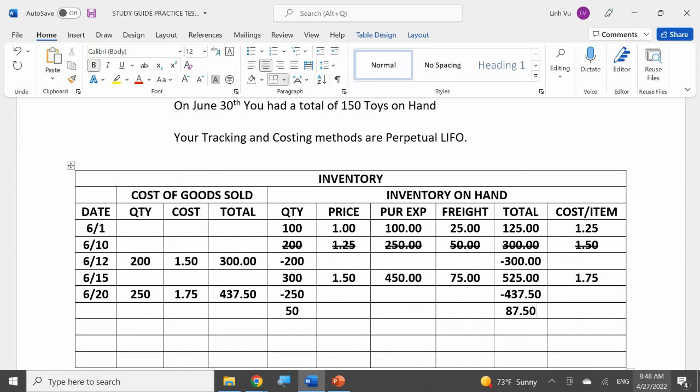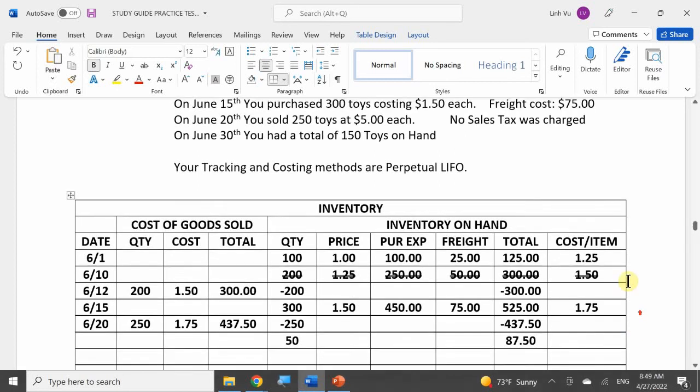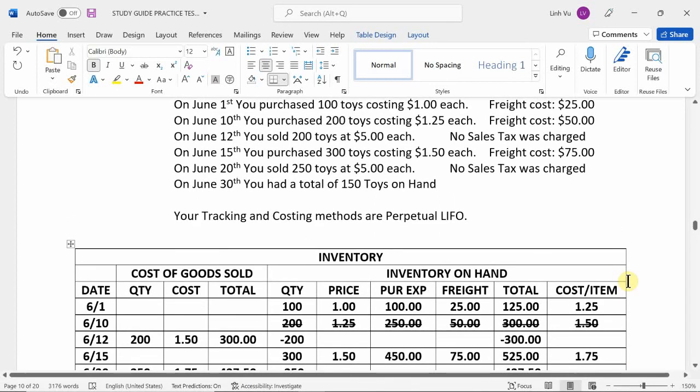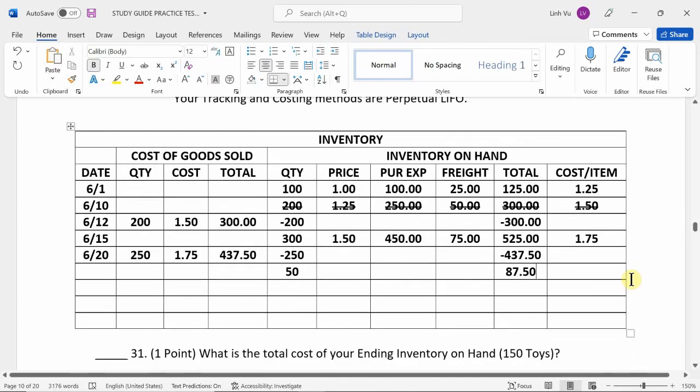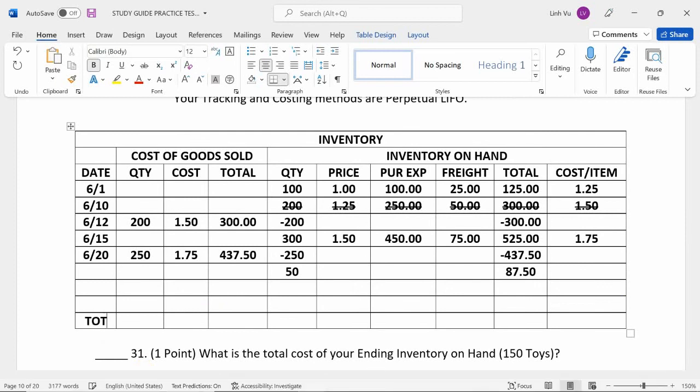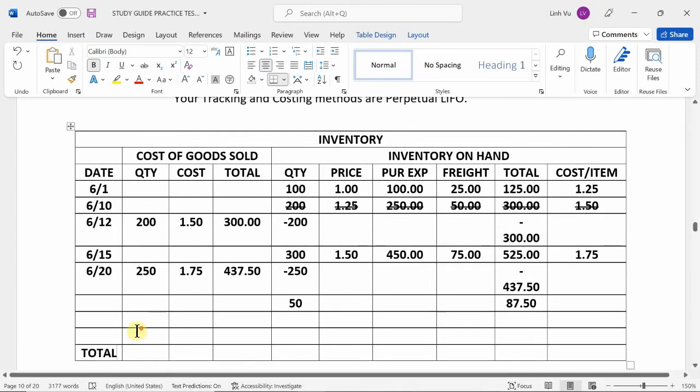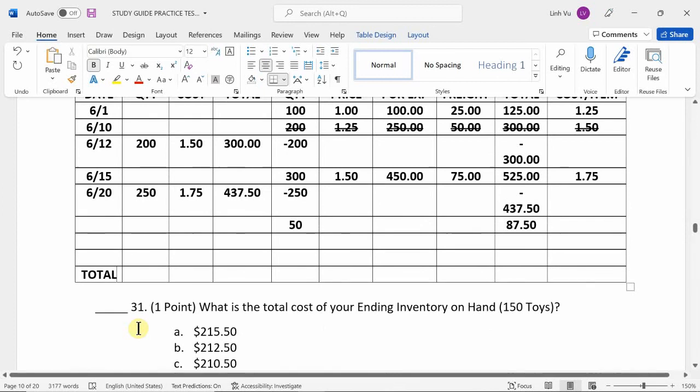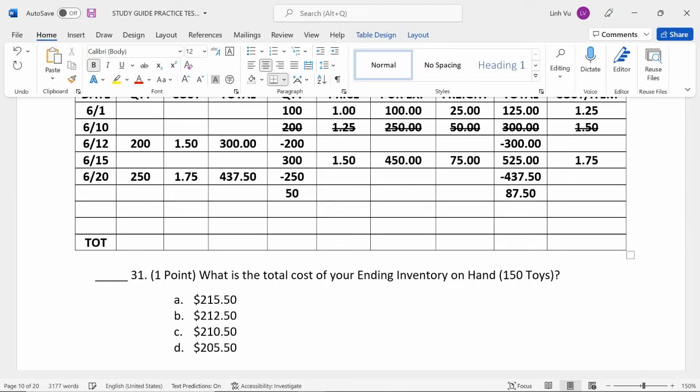Good. So then it tells you here that on June 30th, you had a total of 150 toys left. And let's calculate this. So let's call this the total.